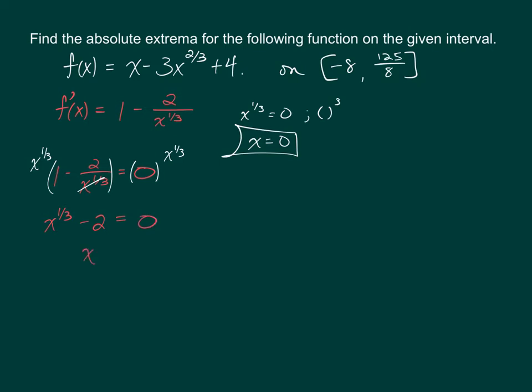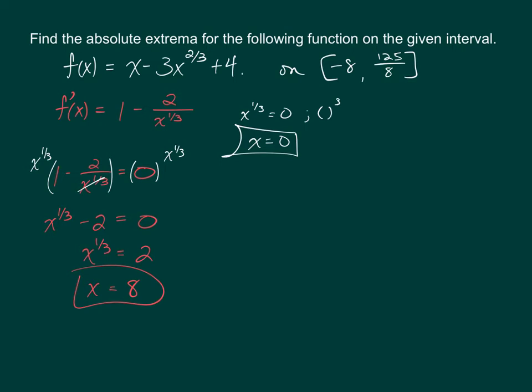And if I add 2 to both sides and then cube both sides, I will get that x equals 8. You can plug this number into a calculator, and it ends up being, I believe, 15 point something. And so 8 here is definitely between -8 and 15. So this is another critical number that we're interested in.